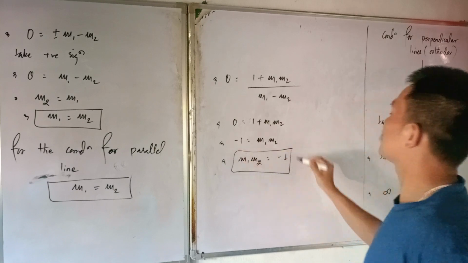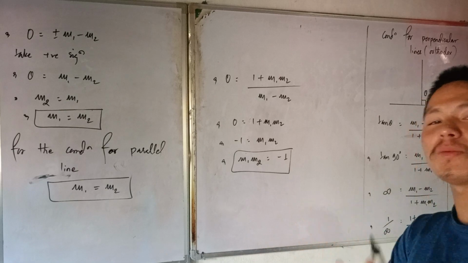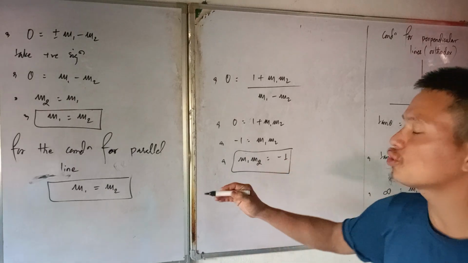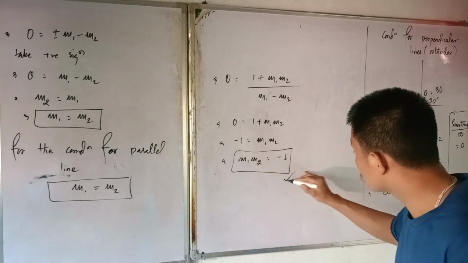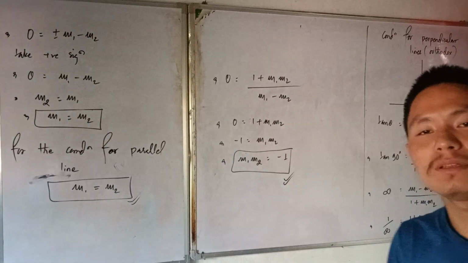So this is the condition for perpendicularity of any two lines. Any two lines will be perpendicular if the product of their slopes is equal to minus 1. So this is the condition for perpendicularity, and this is the condition for parallel lines.